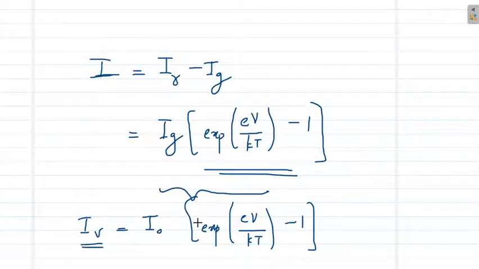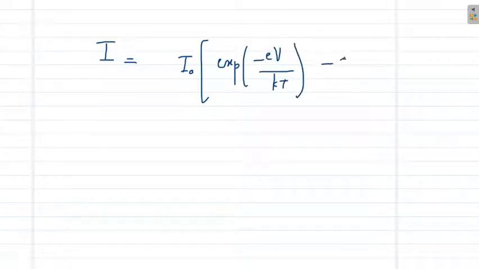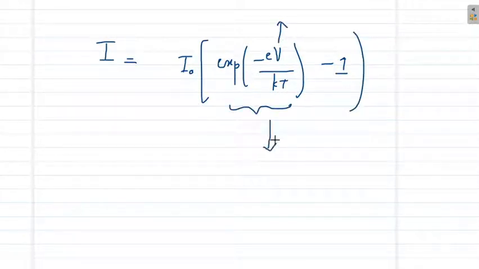What will happen if we apply a negative voltage to this junction? If we apply negative voltages, I will be equal to I0 into exponential of minus EV by kT, minus 1. As you can see, if this voltage increases, this exponential term will fall faster because it is an exponential minus term.